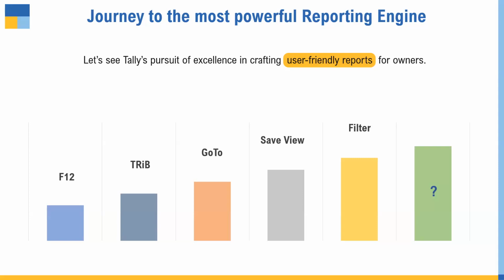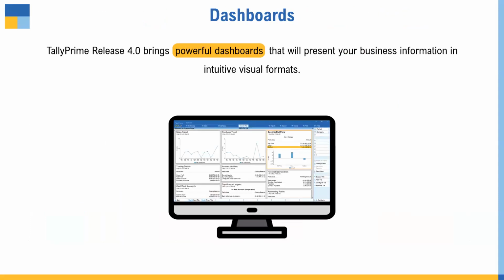After that, we came up with the filter, where they can click on filter and search for whatever they wanted. And now in release 4.0, we have come up with the dashboard option. It gives you proper visualization of each and every report. For one particular person, it helps them have the view of the complete information on one page, which you can talk about to the prospects or the customers.